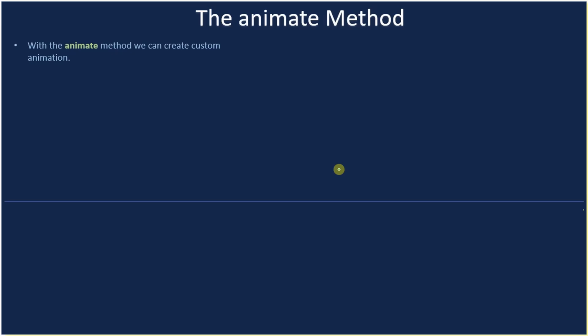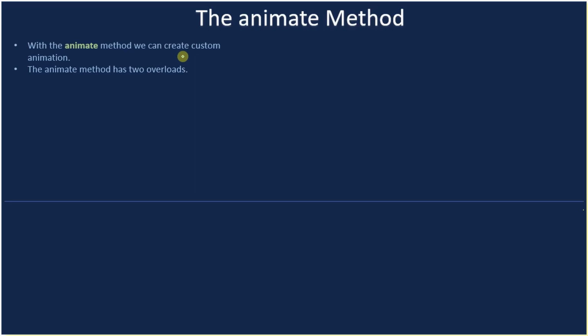Say for example, you can create a gradient animation, but inside you can adjust the CSS color property and perform transition, right? So just giving an example for animate method, and with animate method we can create a custom animation.